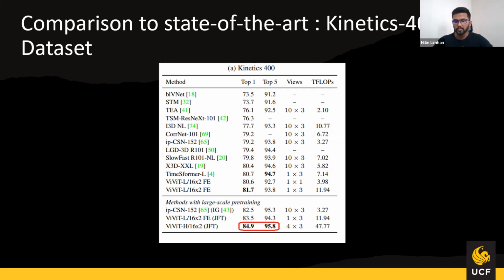Then came the ViViT Large, which outperformed Timeless Former, having 1 cross 3 view. You can see here, this one and this. Finally, in order to increase the accuracies, we trained these networks on a large pre-trained dataset, JFT. And we can see that the ViViT Huge outperforms all the other state-of-the-art models. You can see here.